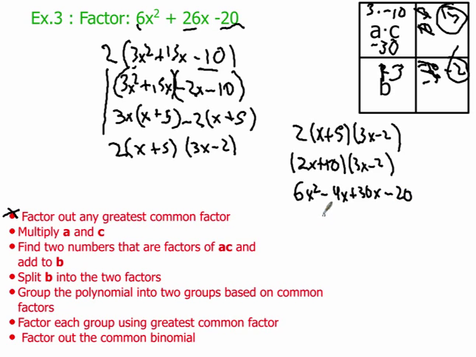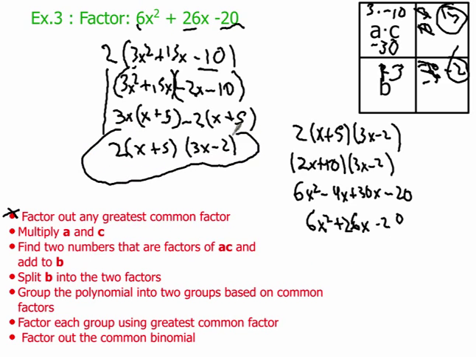Combine my like terms. 6x squared, negative 4x plus 30x is plus 26x, and minus 20. This matches my original expression, so my answer is 2 times x plus 5 times 3x minus 2. Important that we have that 2 on there, otherwise the whole thing doesn't work.